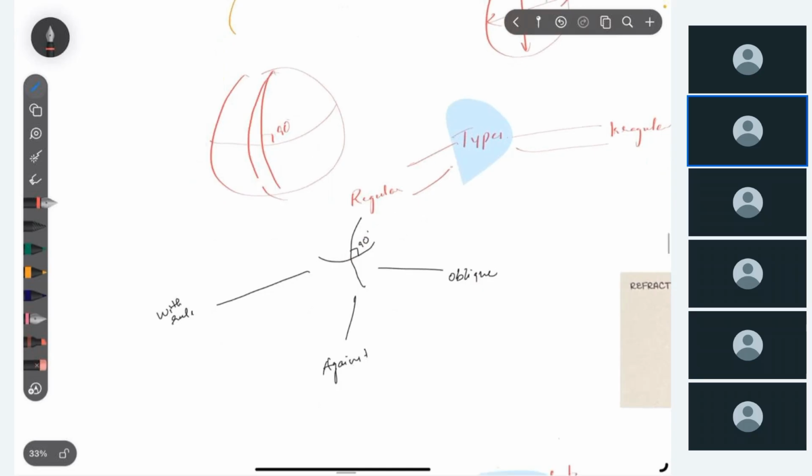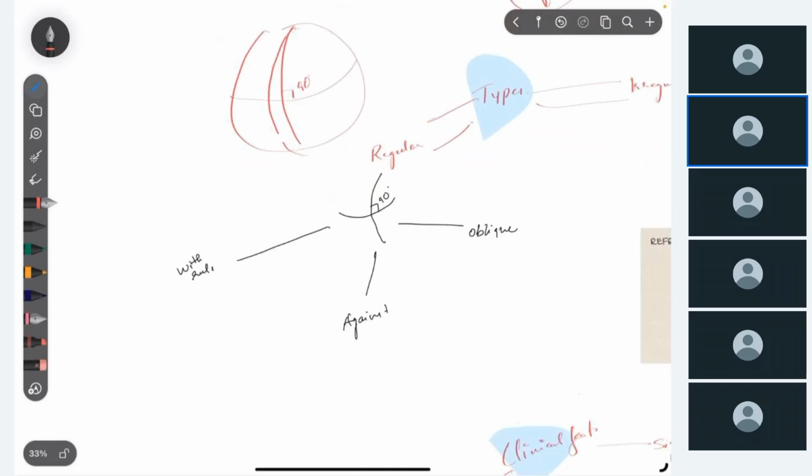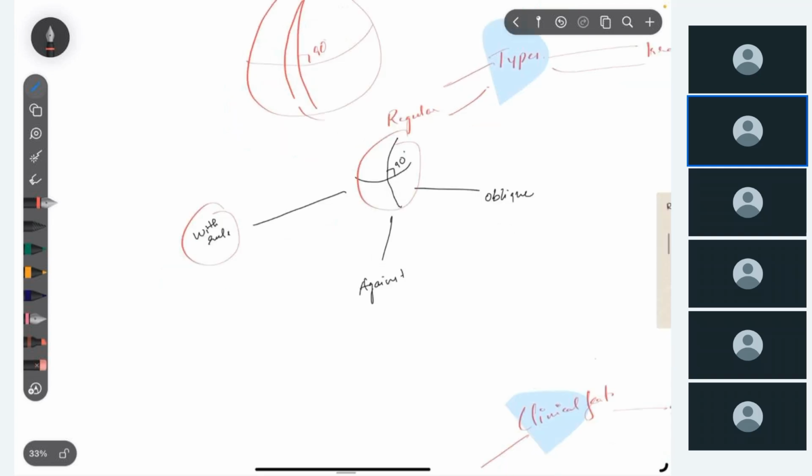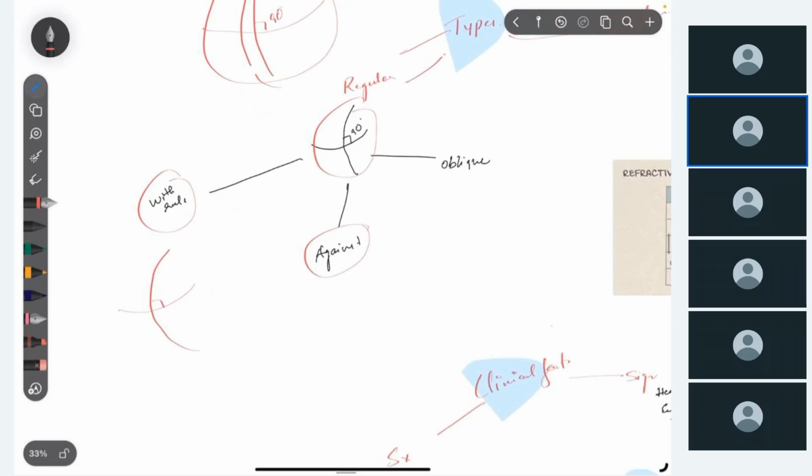In regular astigmatism, the two meridians are at 90°, under which you have with the rule astigmatism. With the rule astigmatism means the vertical meridian is more curved in comparison to the horizontal meridian, but they are at 90° to each other. Against the rule astigmatism means the horizontal meridian is more curved in comparison to the vertical meridian.